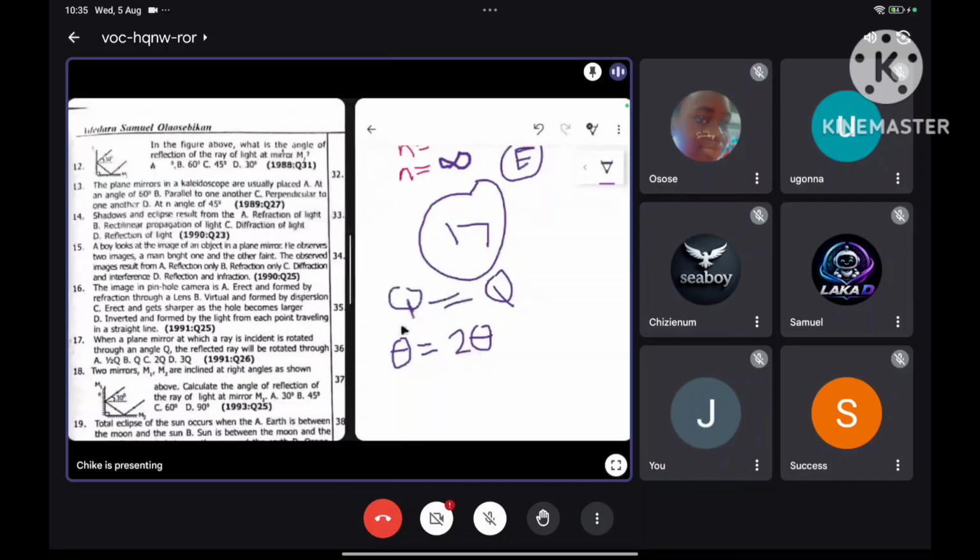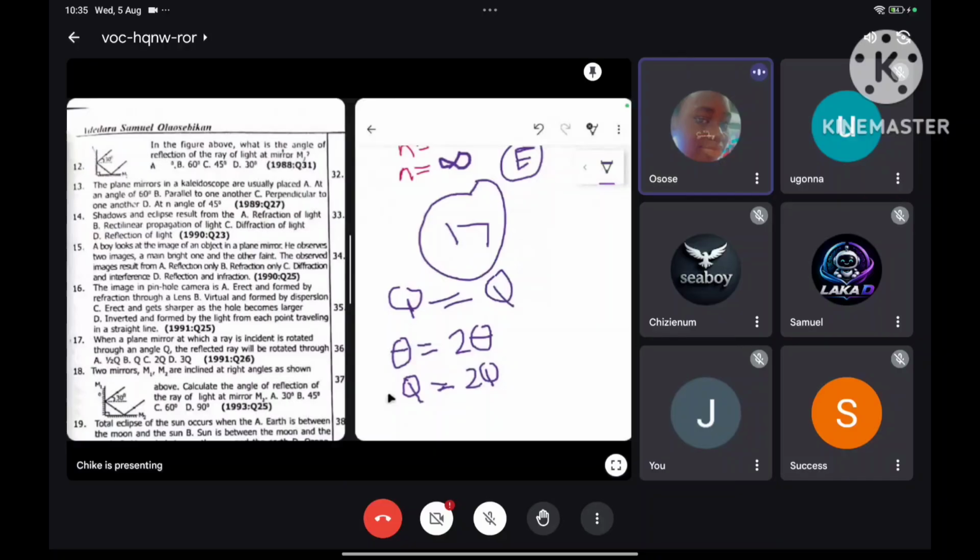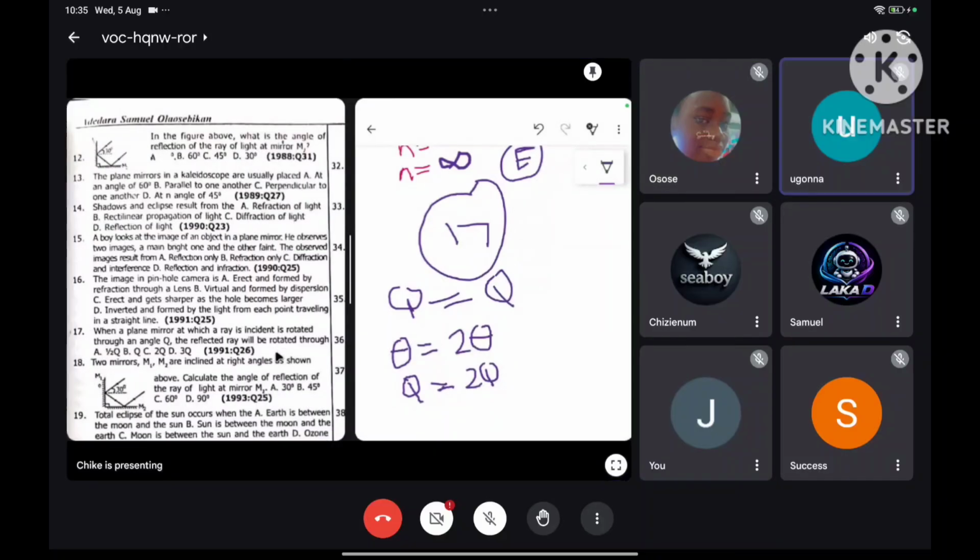Now this one, they just made it work with letters instead of theta. They now said the mirror is rotated through Q. What will the reflected ray be rotated through? 2Q. So the answer is actually C, 2Q. Do we understand? Yes, sir.